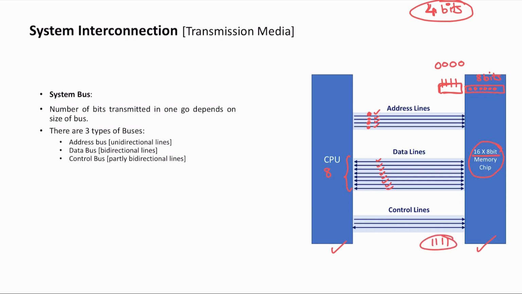So if we want to read the cell whose address is 0, we will send 0 0 0 0. So this particular system bus will support a 16 cross 8 bit memory chip, okay? I hope this is making sense.